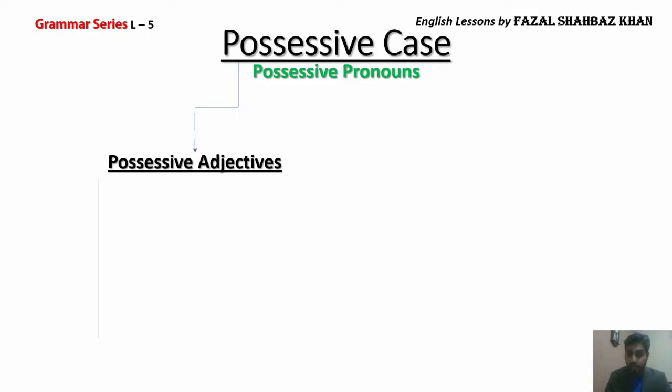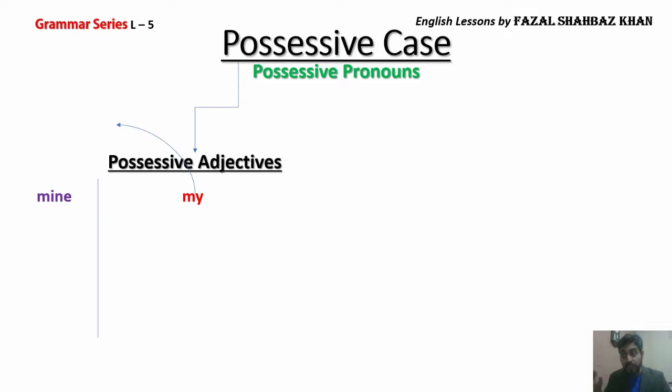Let's find out. I'm drawing a line here so that I can write some possessive pronouns on one hand, and form possessive adjectives from those possessive pronouns on the other. The example is mine, and it gives us my as the possessive adjective. Confused? Let's take an example. When I say this book is mine, then mine gives you a correct, complete meaning.